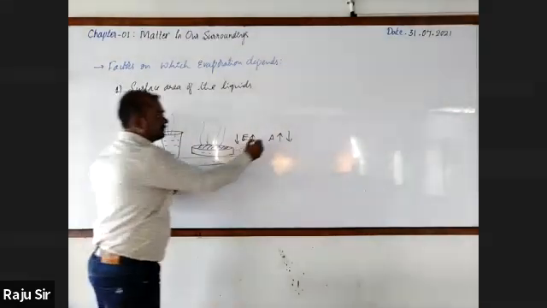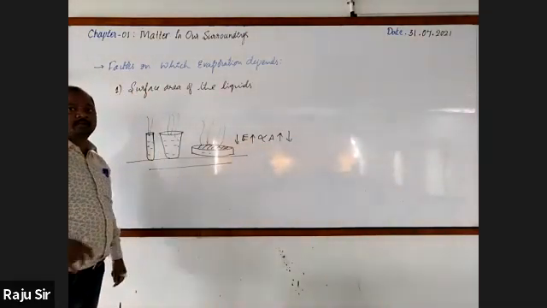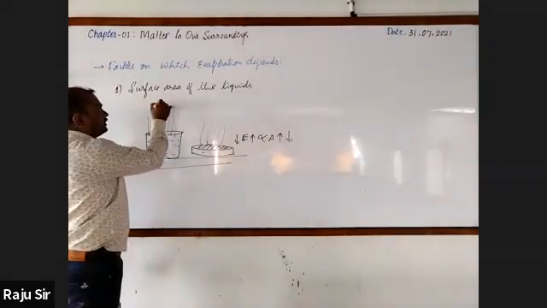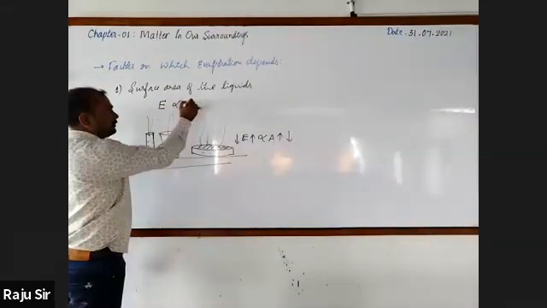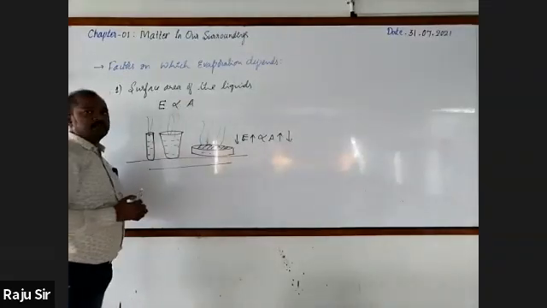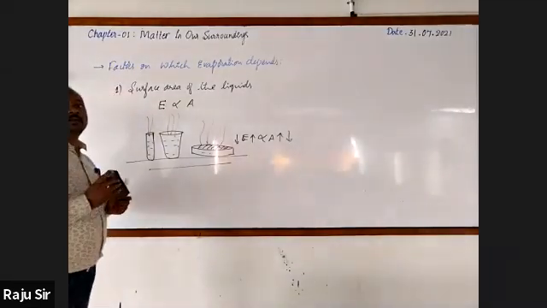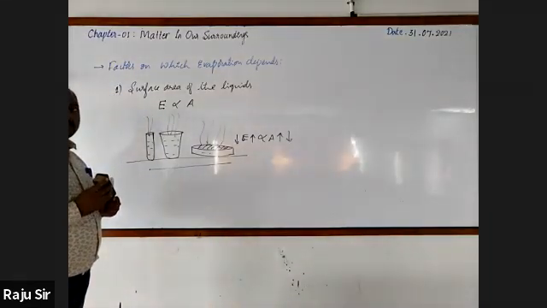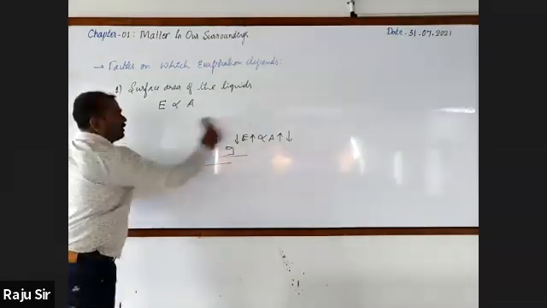I'll write that: the rate of evaporation is directly proportional to the free surface area of the liquid, or just the surface area of the liquid. Got it? Yes, sir.